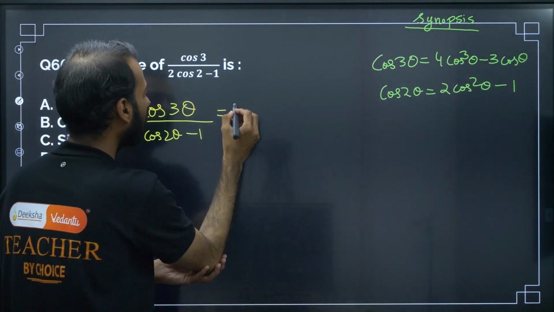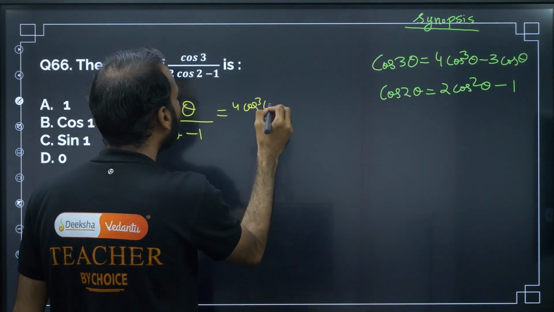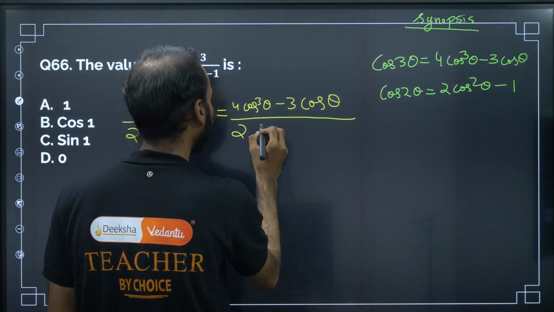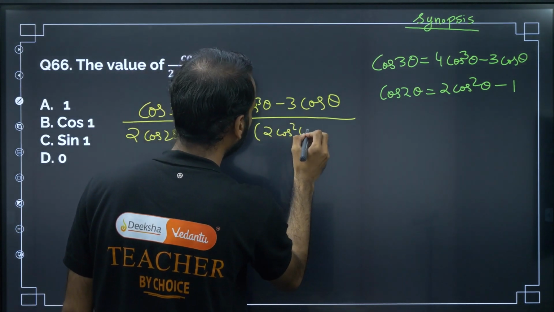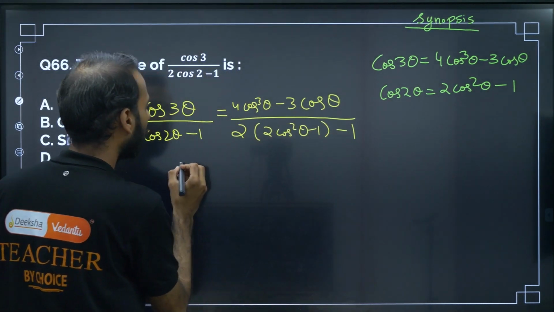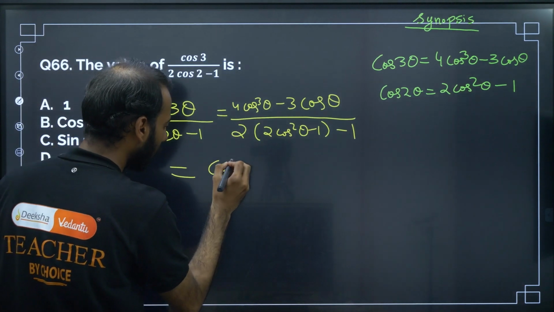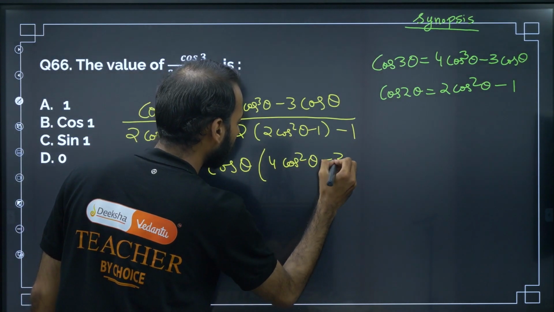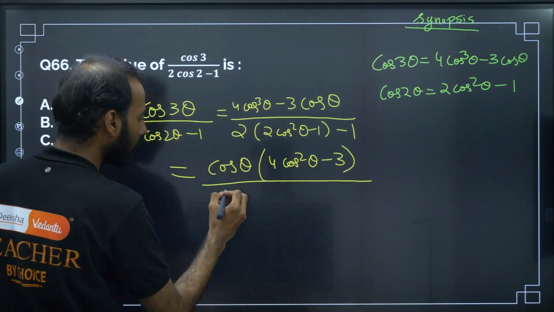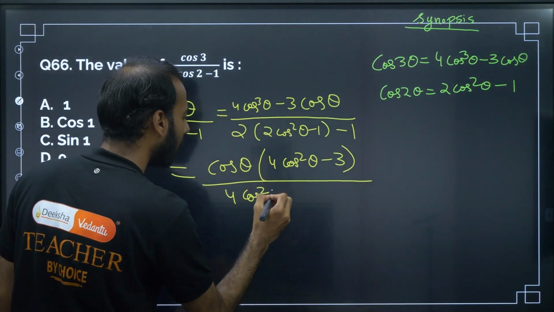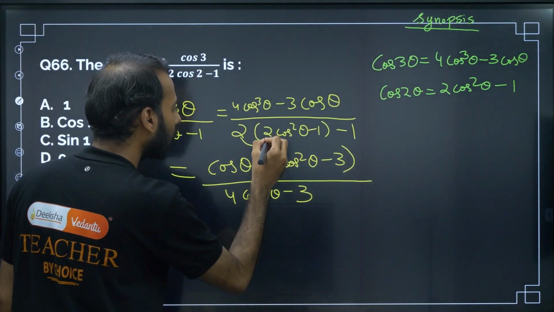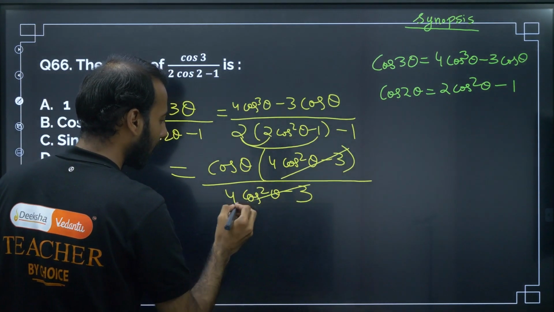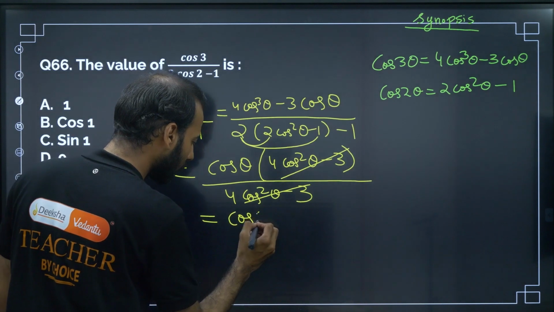I can write this as 4 cos cube theta minus 3 cos theta divided by 2 into 2 cos square theta minus 1. In the numerator, if I take cos theta common, I am left with 4 cos square theta minus 3, divided by 4 cos square theta minus 2 minus 1. So this and this get cancelled, and we are left with cos theta.